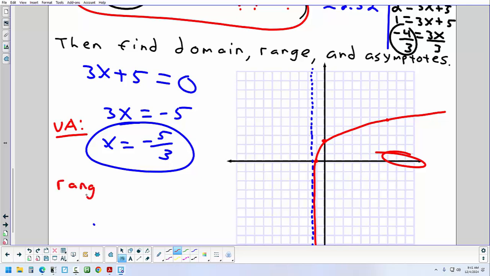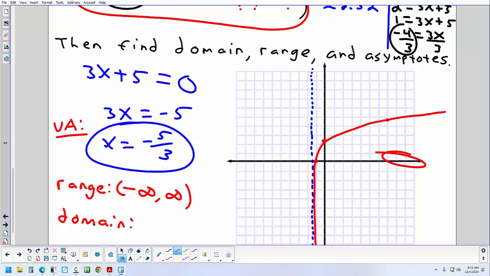What's my range? Yep, negative infinity to infinity. And my domain. Not including 1.6 to infinity. Right, it's everything from the vertical asymptote, I should say everything to the right of it.